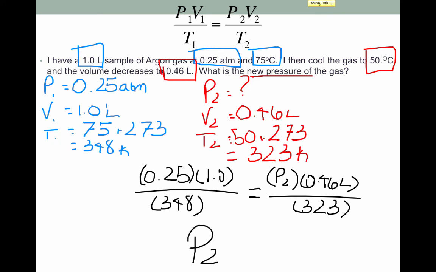Solve for P2 and you should get 0.50 atm.